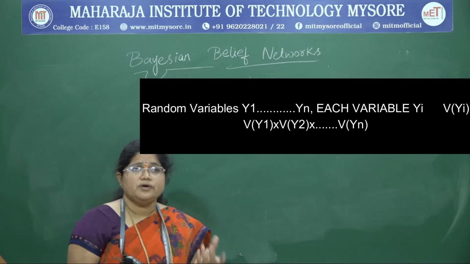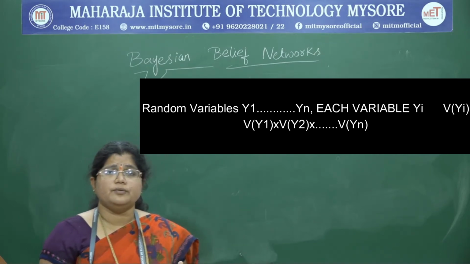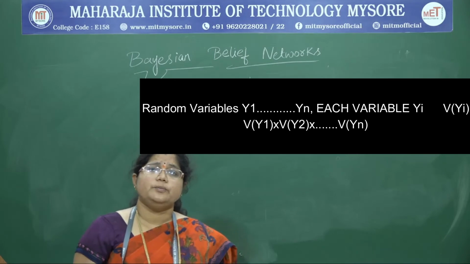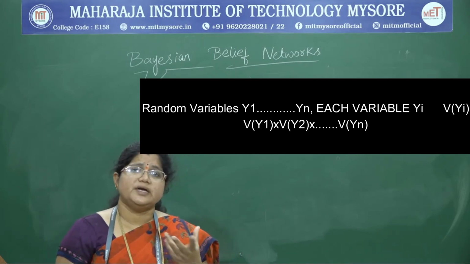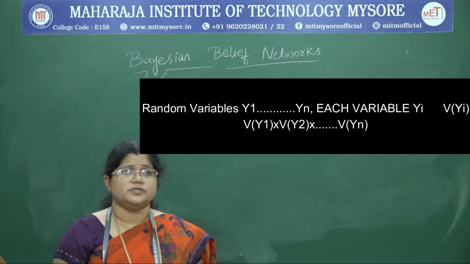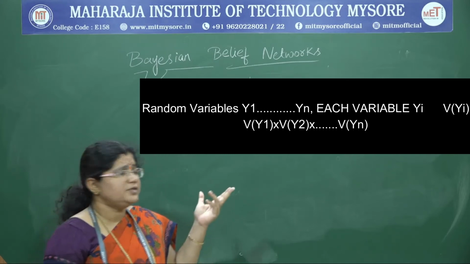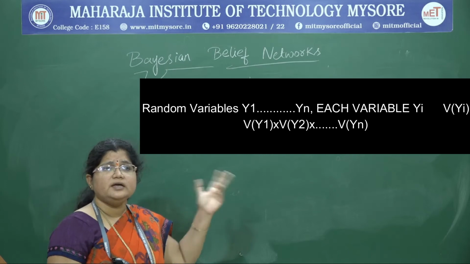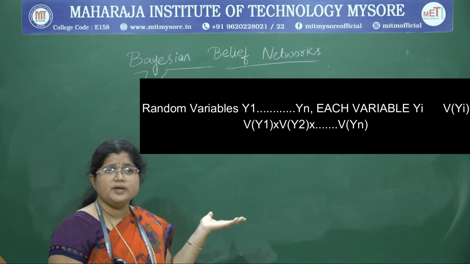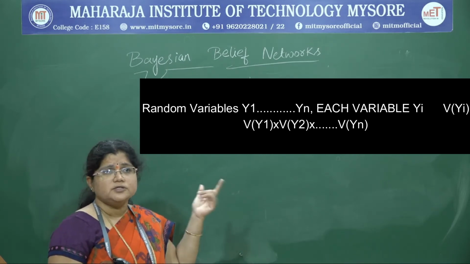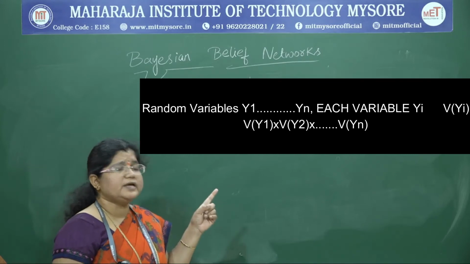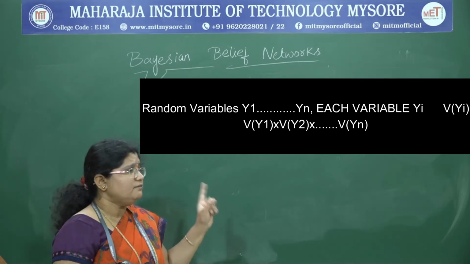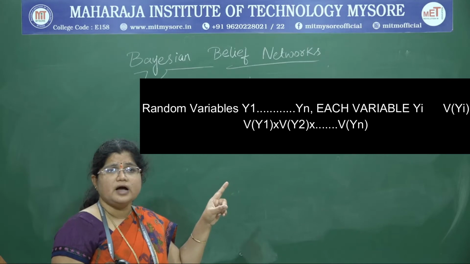A feature may contain a number of values; the random variable y can have many values. y1 is one variable, y2 is another variable. The possible values Yi can take is V(Yi).